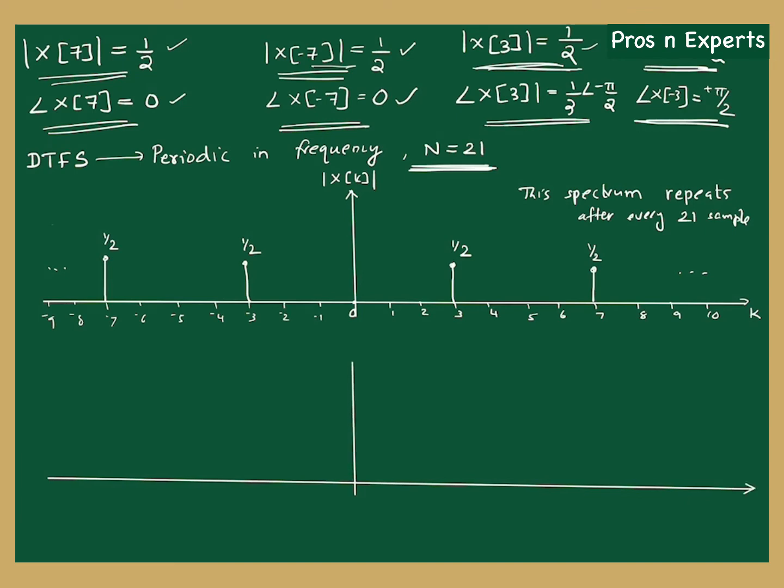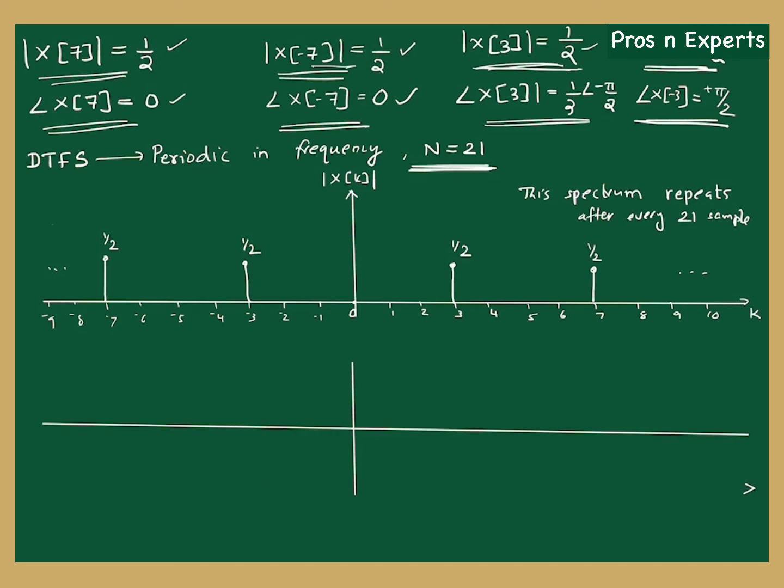Phase response, okay, one second. Okay, so this is the phase response. Again, this is being drawn for k values 0, 1, 2, 3, 4, 5, 6, 7, 8, 9, 10, etc. on the positive side, and -1, -2, -3, -4, -5, -6, -7, -8, etc. on the negative side also.